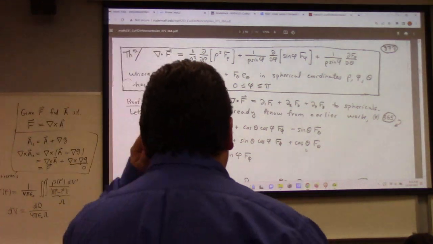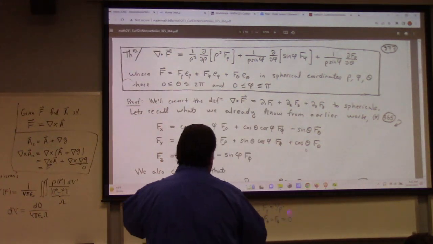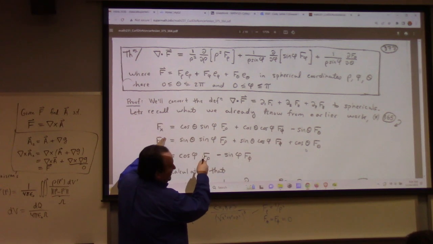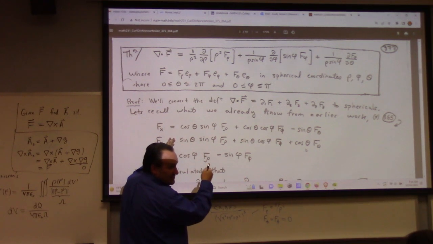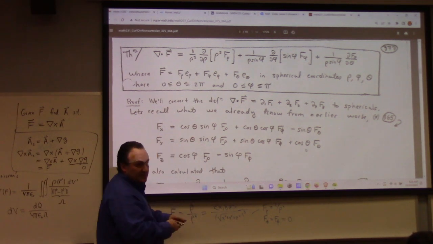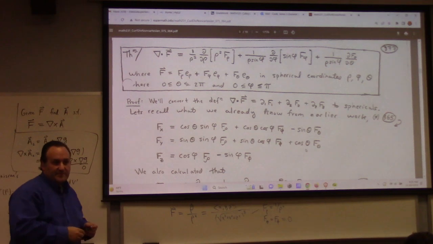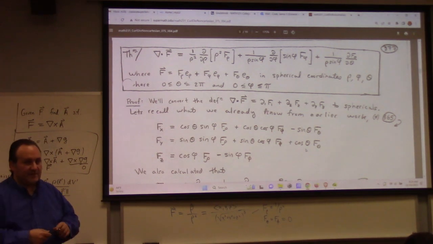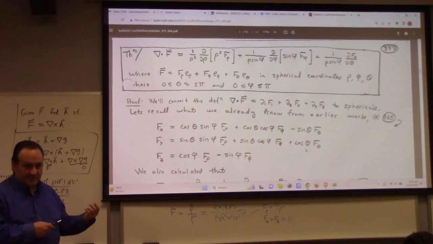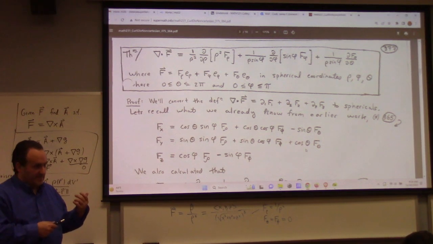Well, if I've got 1 over rho squared times rho squared, this is just 1. What's the derivative of 1? 0. So the divergence of this field is 0. If you've already done that homework problem in Cartesian coordinates, you should appreciate how much easier this is. A lot easier.